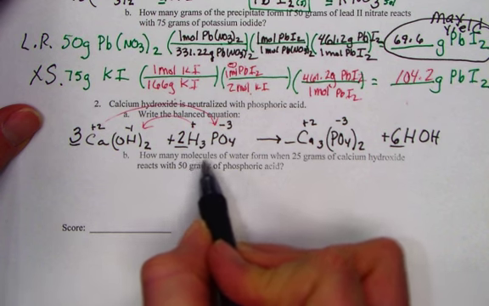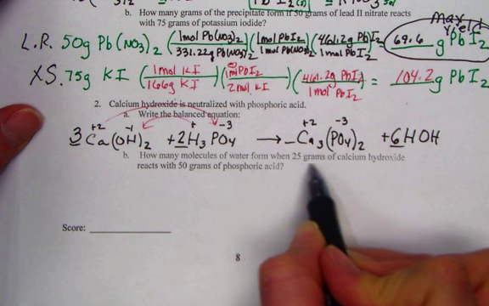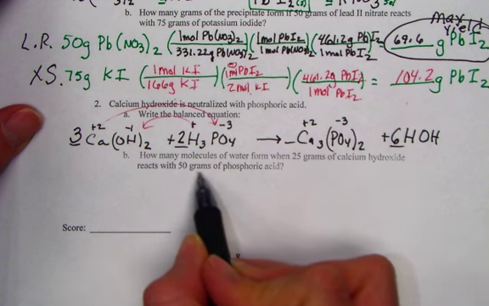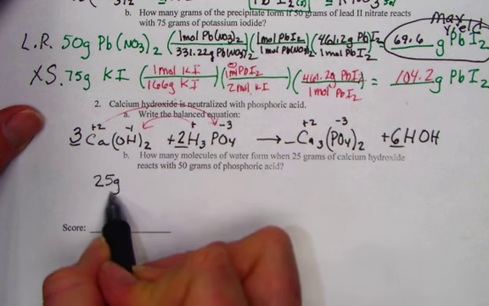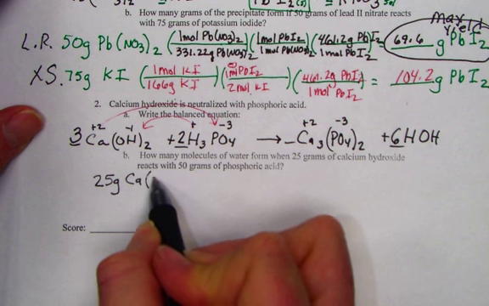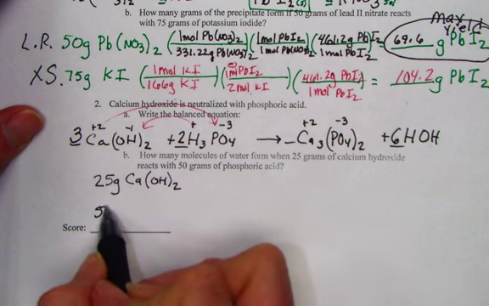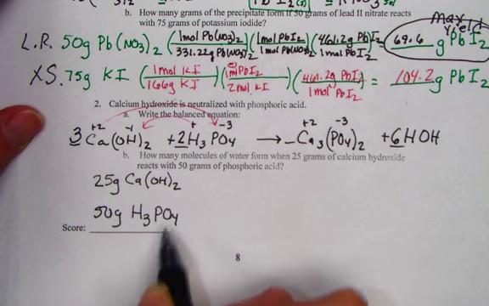We're being asked to calculate how many molecules of water form when 25 grams of calcium hydroxide react with 50 grams of our acid. We are given 25 grams of the first reactant, Ca(OH)2 taken twice, and 50 grams of the acid, H3PO4.